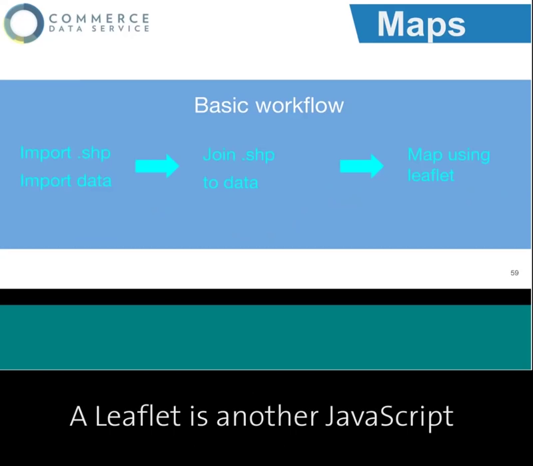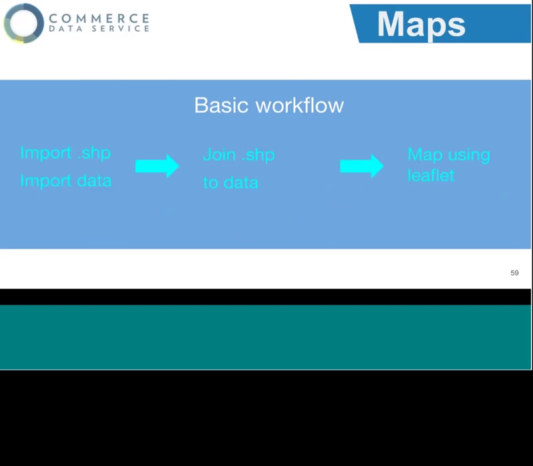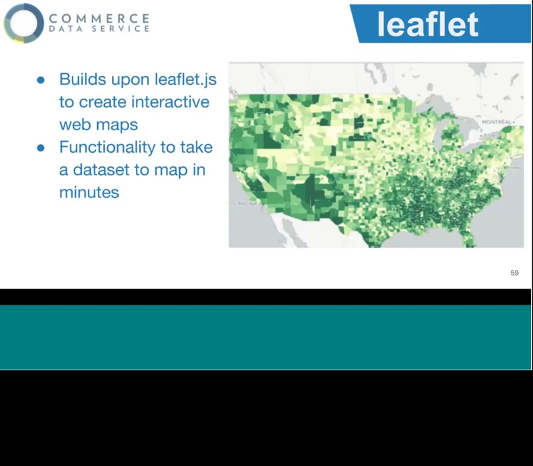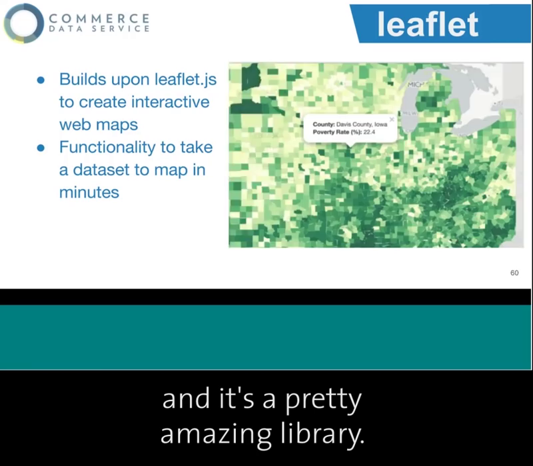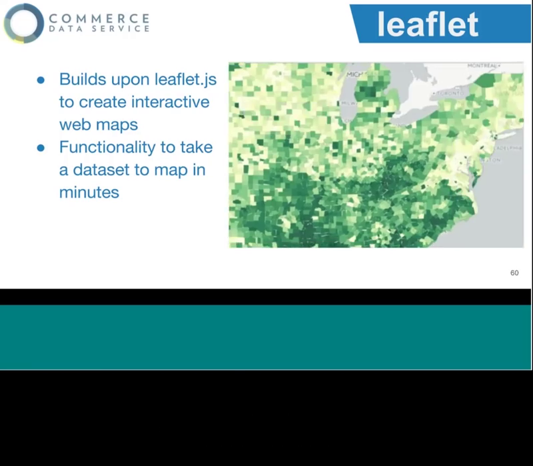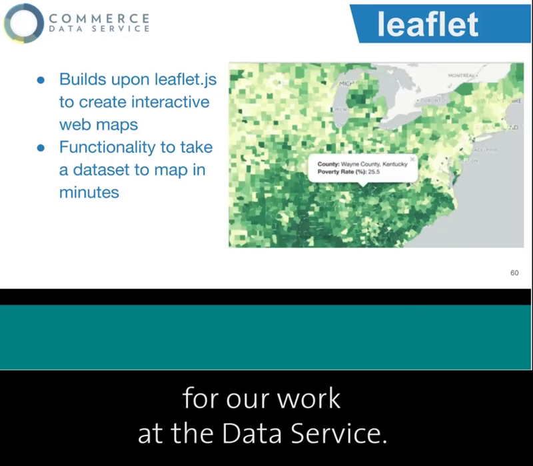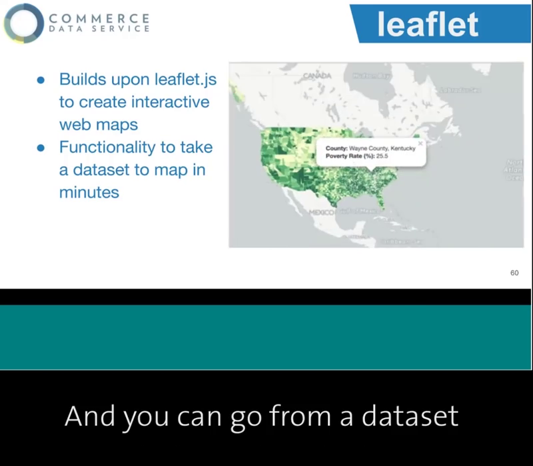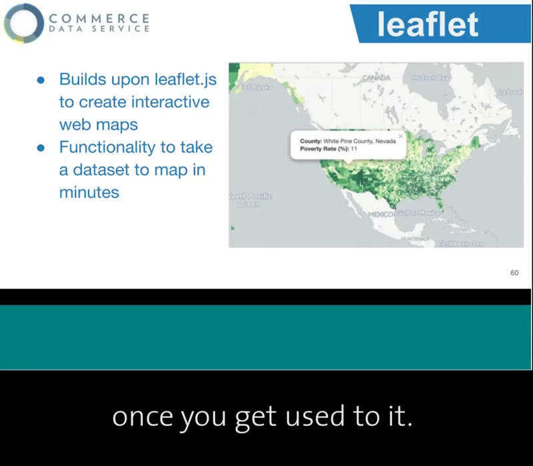Leaflet is another JavaScript library that allows you to create web maps. And it's a pretty amazing library. It's open, it's free. Star and I use it all the time for our work at the data service. And you can go from a data set to map functionality in minutes once you get used to it.